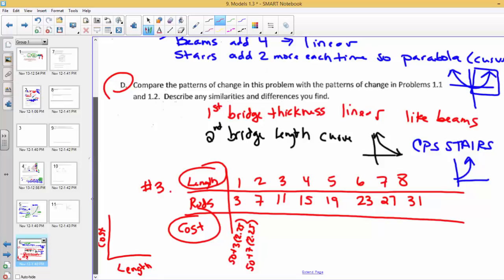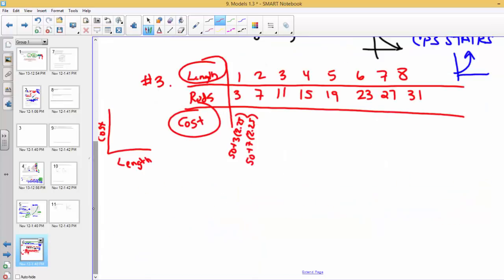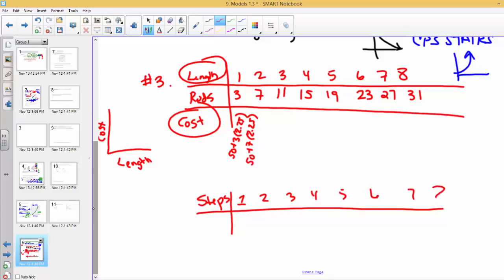The second part of number 3 is the same exact thing with the table of steps. And remember, we started at 4 pieces, then 10 pieces, we added 6, then 18 pieces, adding 8.